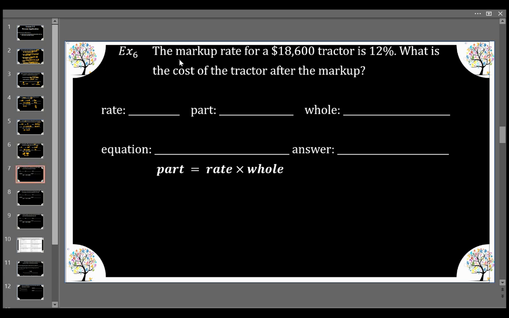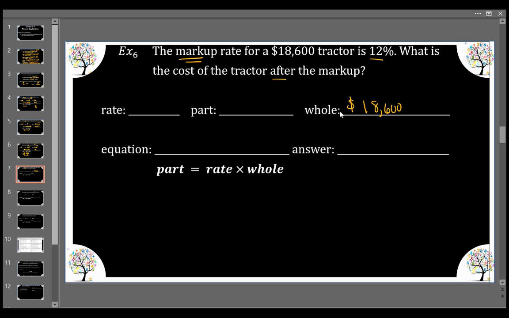The markup rate for a tractor that costs $18,600 is 12%. What is the cost of the tractor after the markup? So first of all, we know that the tractor costs $18,600.